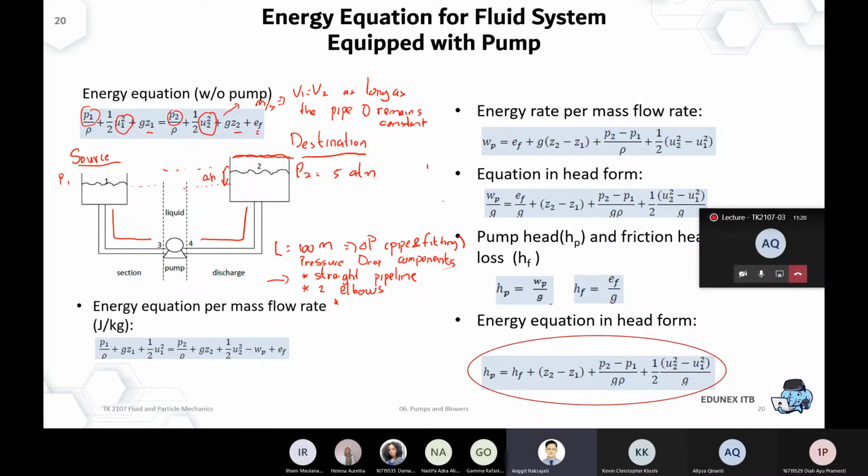Yes, something related with the tank, but what would be the main part of the tank that would result in a pressure drop? Sir, is it the fitting between the pipe and the tank? Yes, so it's called sudden expansion and sudden contraction. Has that been explained by Pak Wawan? Yes, sir. Okay, so don't forget about these two parts.